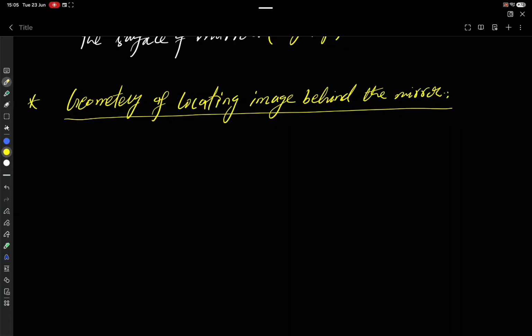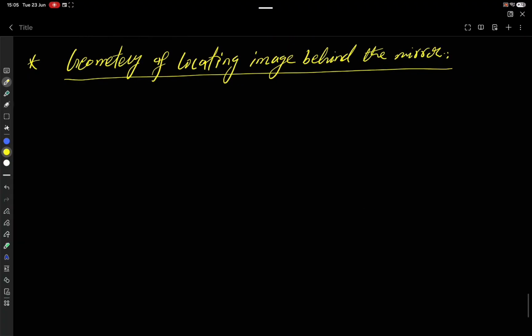Side by side we discuss the points, and also we draw the diagram.